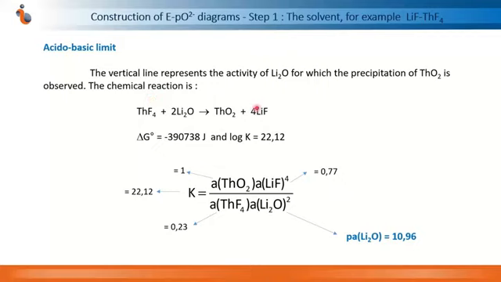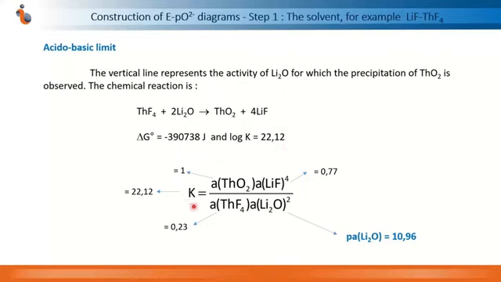There is no modification of the oxidation state in this equilibrium, but thorium fluoride will be transformed to thorium oxide. With this reaction, we can calculate using pure compounds data the Gibbs energy and deduce the value of this equilibrium constant.